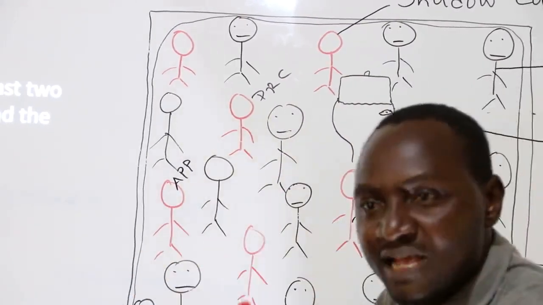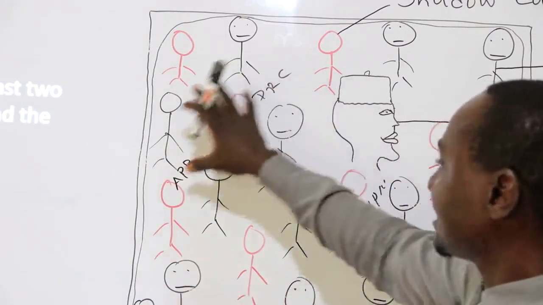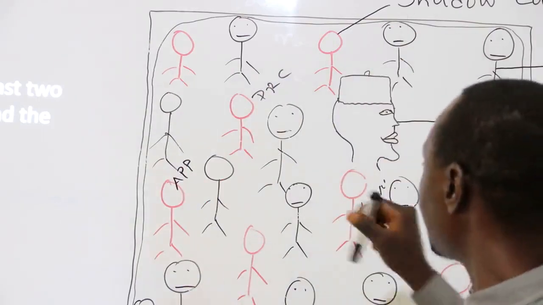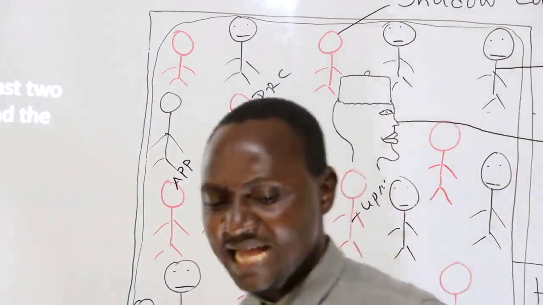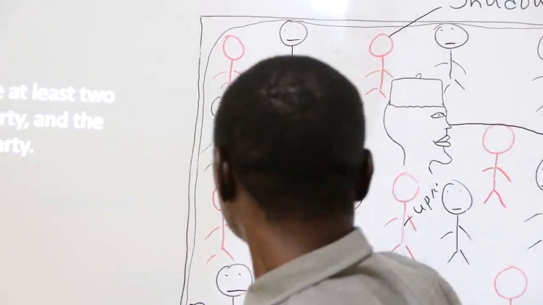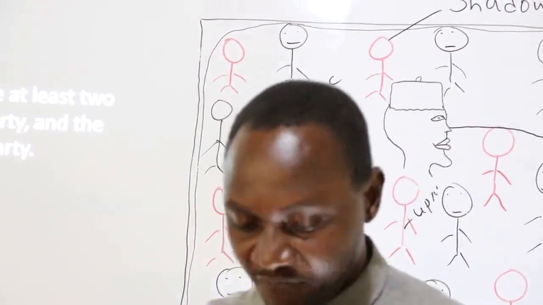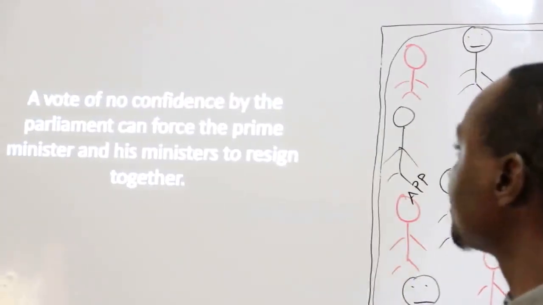When they put themselves together, they form a coalition where they serve as the official opposition party. They are called the shadow cabinet, and they checkmate the excesses of the political party that has the highest number of votes. So we have the political party with the highest number of votes plus other political parties who form the coalition to form the official opposition party.